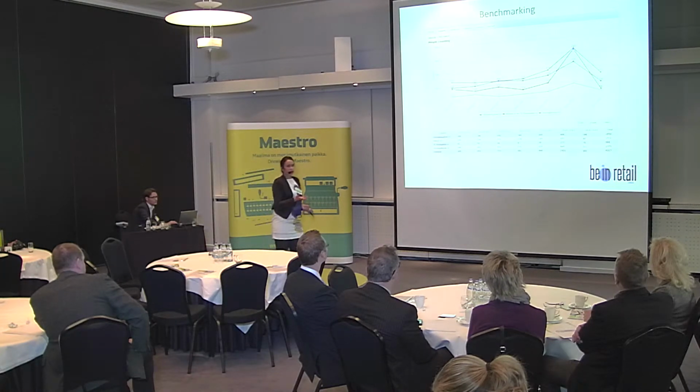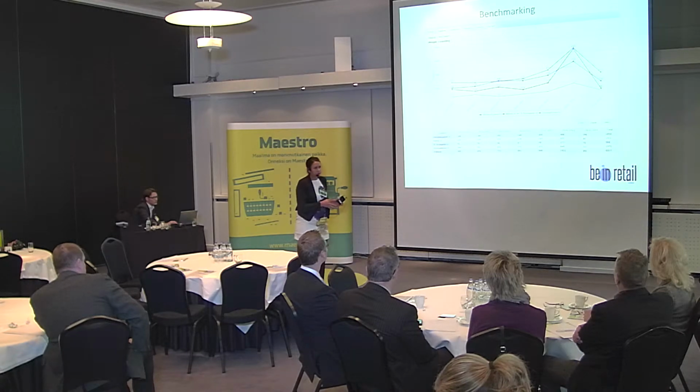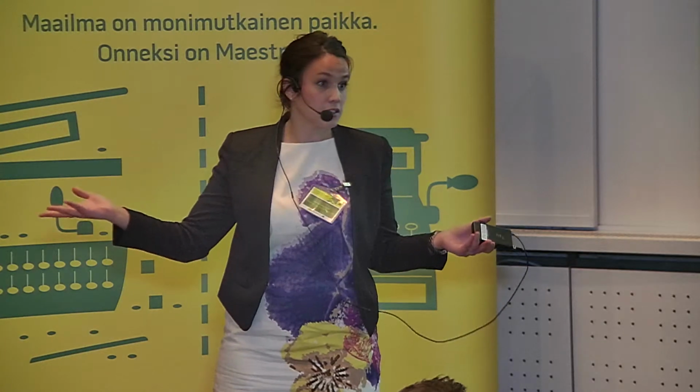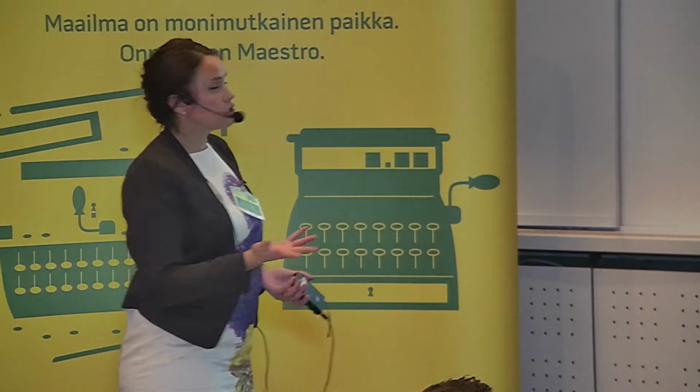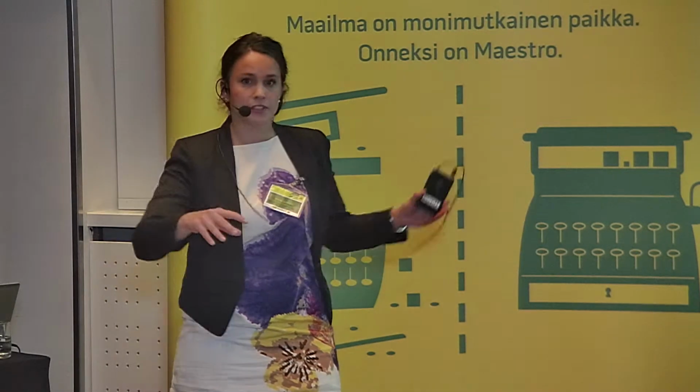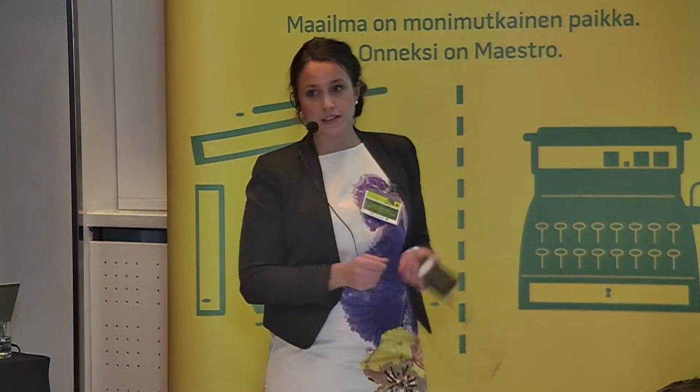This is benchmarking. You compare 2, 3, 4, 5, 6 different stores to each other. How come you have so many visitors in this store, but not in this one? It could also be different entrances in the store. How do customers come in from different areas?